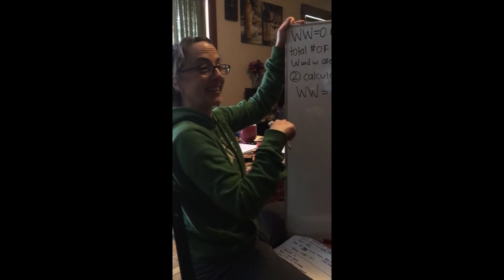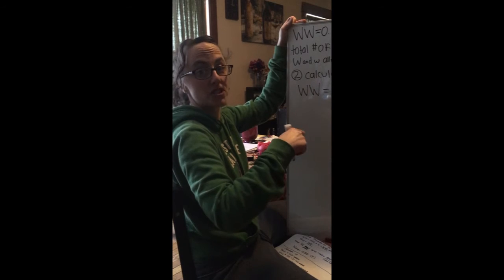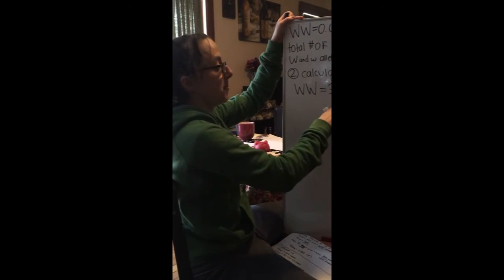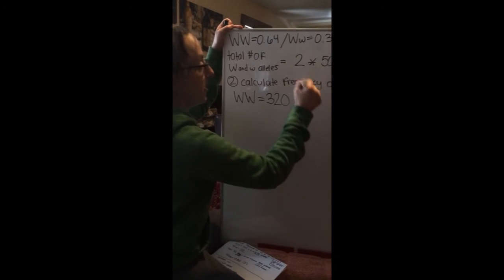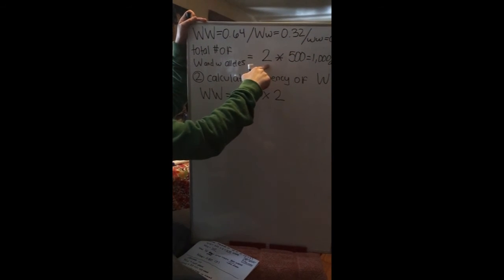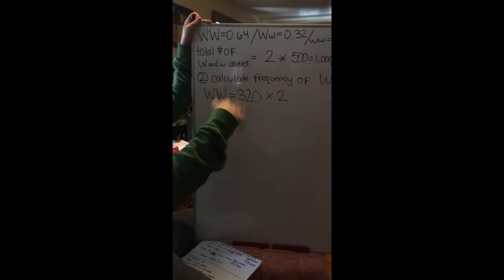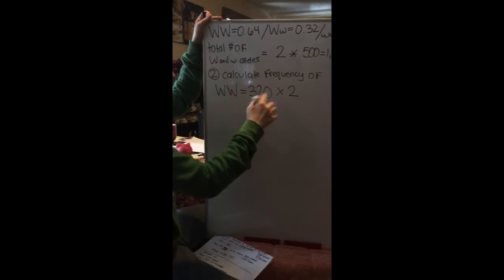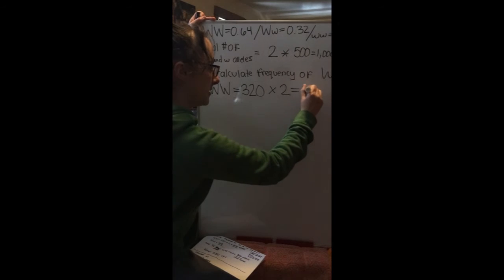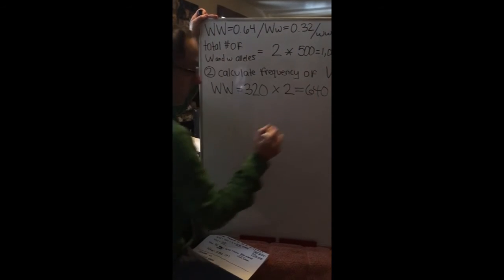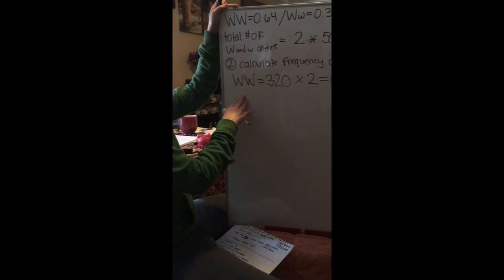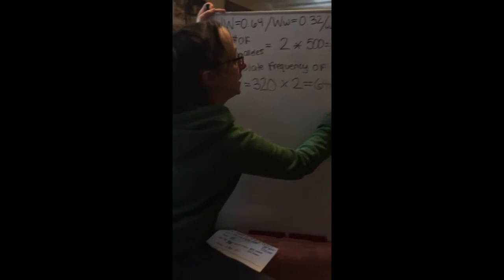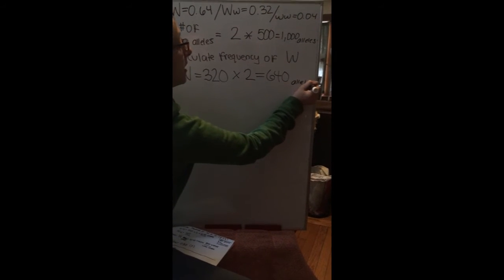So to find out how many alleles that is total among just these individuals, you'll take how many there are and times that by 2. Remember, every individual has 2 copies of that gene. To find out the total number of alleles within this group, 2 times how many there are, and that is 640. So within the homozygous dominant, we have 640 alleles there.